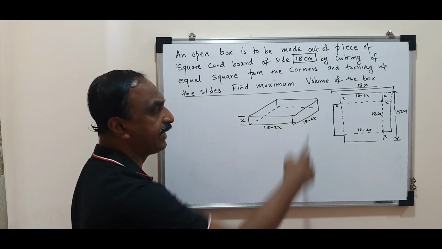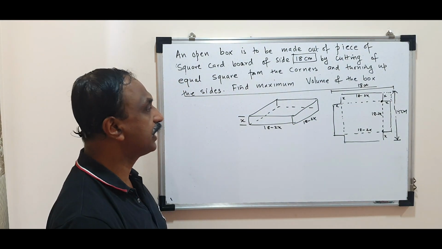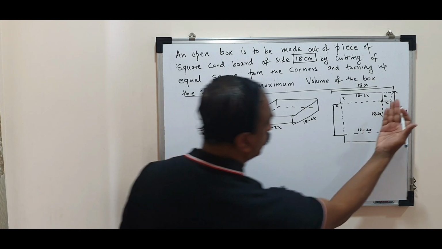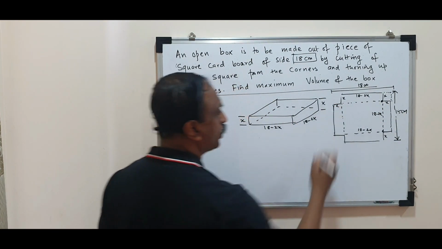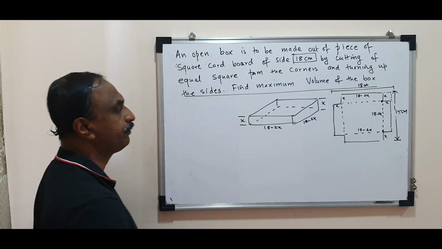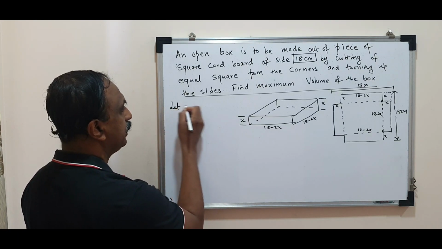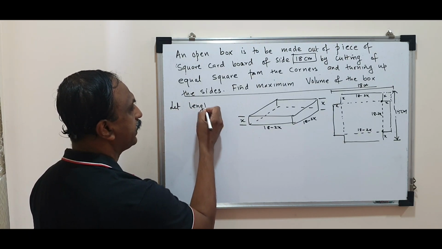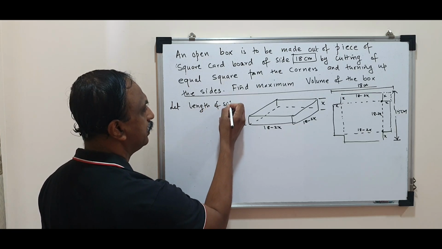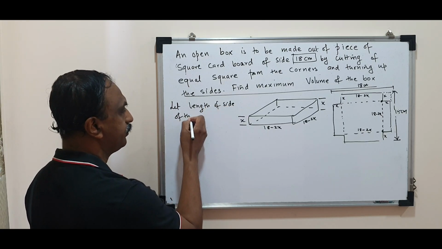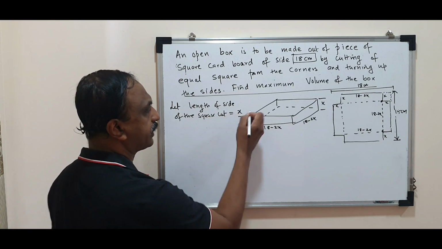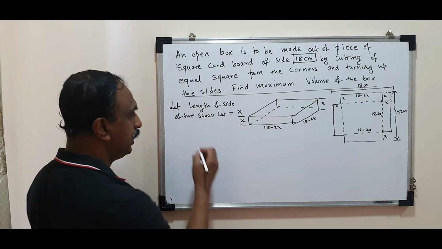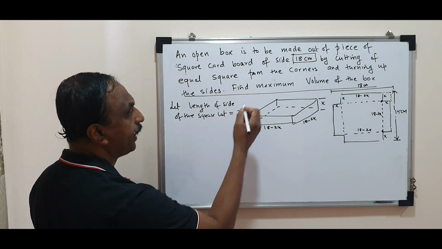Same way, length and breadth both became 18 minus 2x and height became x. When you fold this up, this becomes the height of the box. So directly I can say, let the length of the side of the square cut equal x centimeters.